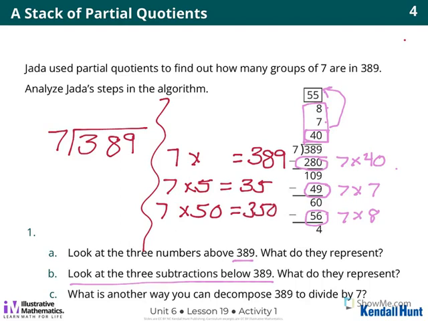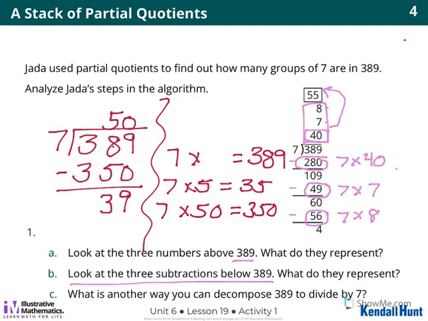Is 350 close? Yes. So I could put 50, and I know that's 350, and I could subtract. 9 minus 0 is 9. 8 minus 5 is 3.